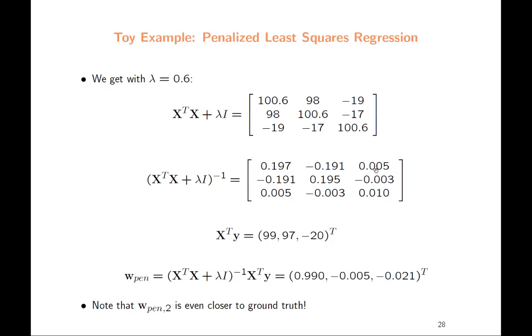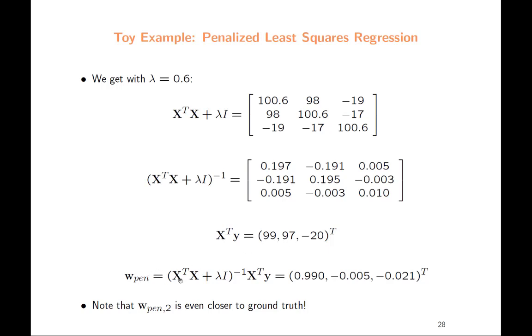Now we add this regularization parameter, 0.6, so well selected. So this matrix changes a little bit. We have more power here on the diagonal. This changes a little bit.